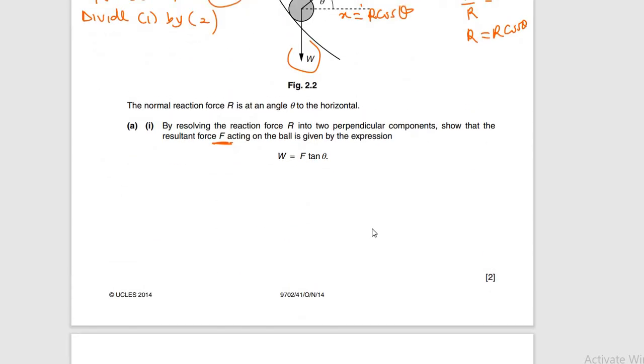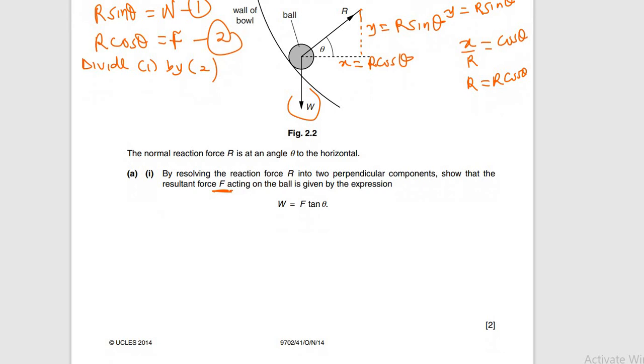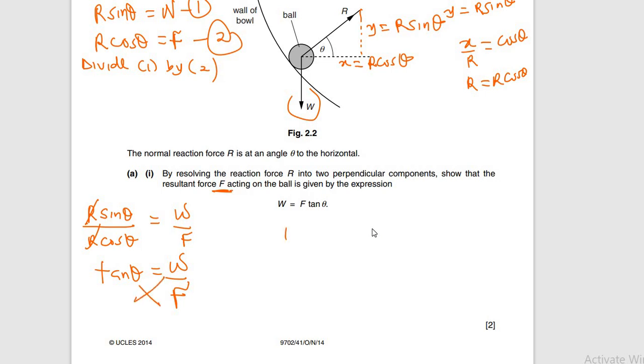R sine theta over R cos theta equals W divided by F. R cancels out, sine over cos is tan theta, equal to W over F. Multiplying across, W equals F tan theta. That is what they asked us to prove.